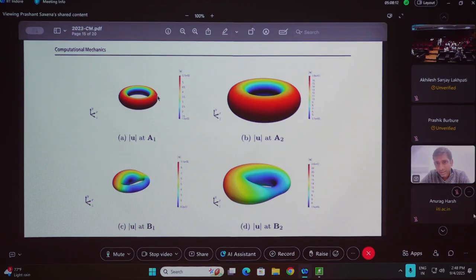You can have a nice and symmetric deformation that looks like this here. But then it's also possible to arrive at these kinds of deformations which are not symmetric. So this is the instability of asymmetry that can happen in this elastic torus.